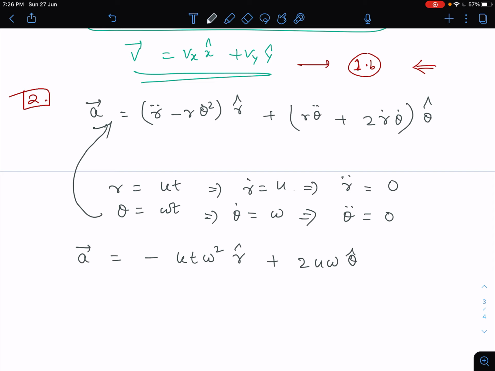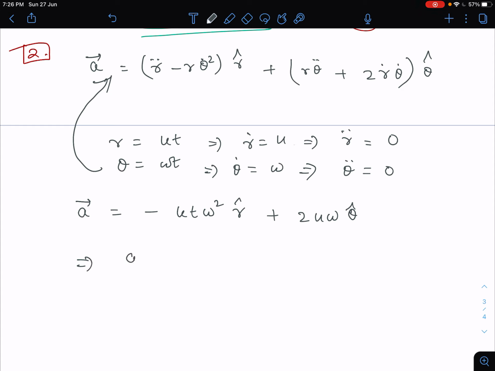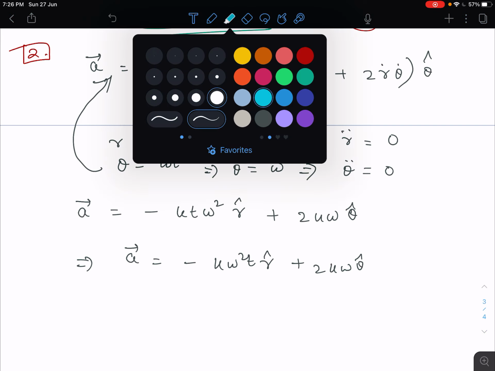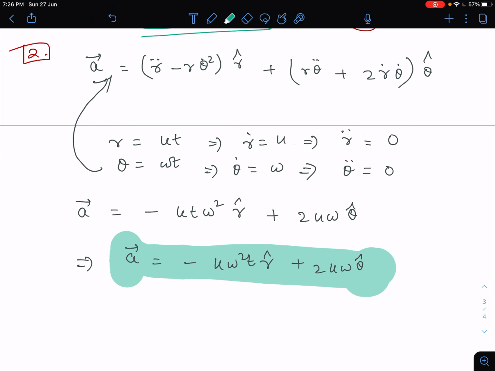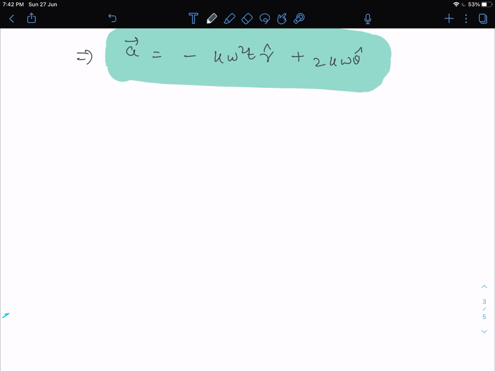So the expression for acceleration is minus u omega square t r cap plus 2 u omega theta cap.